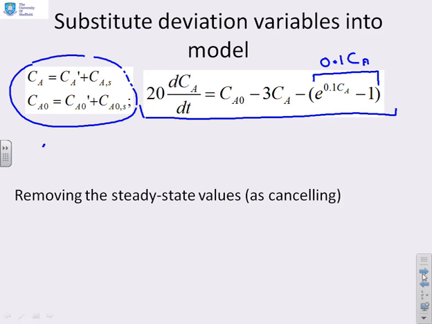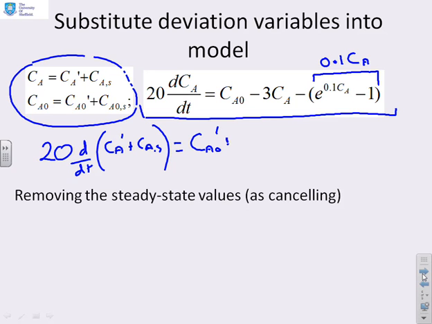So what we've now got is 20 into d dt of Ca dash plus Cas equals CAO dash plus CAOS minus 3.1 into CA dash plus CAS.